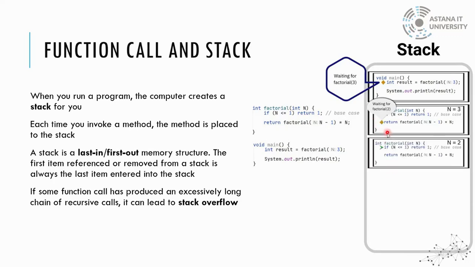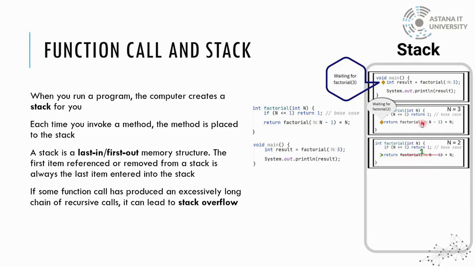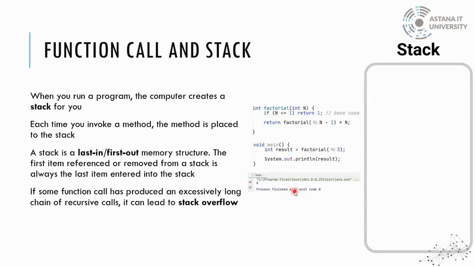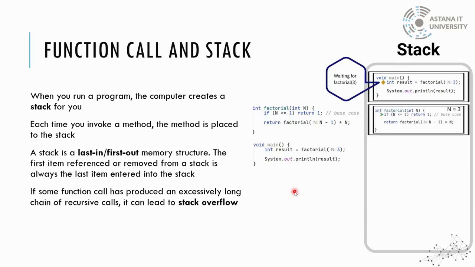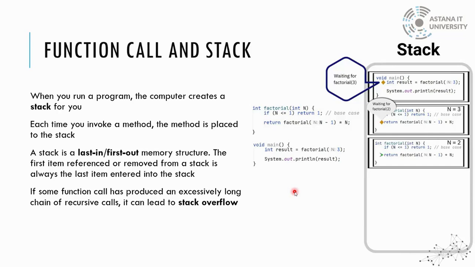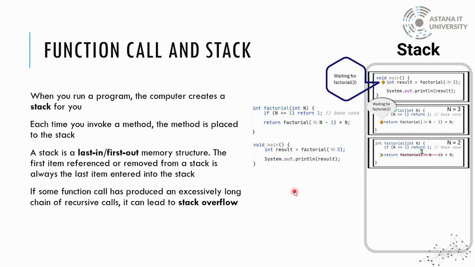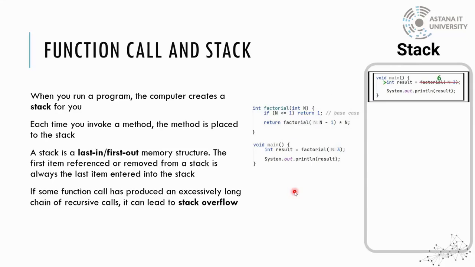So let's look at it again. We examine the base case, wait for factorial of 1, then we return 1. That 1 goes to the frame of factorial of 2, which then returns the product of 1 and 2. 1 multiplied by 2 is 2.